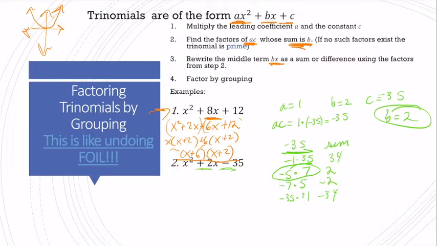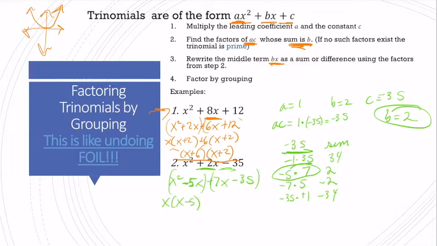So I'm going to use that to pull this middle term apart, because negative 5 plus 7 is positive 2. So now I have x squared minus 5x plus 7x minus 35. And I can factor by grouping. The greatest common factor of x squared and 5x is x.